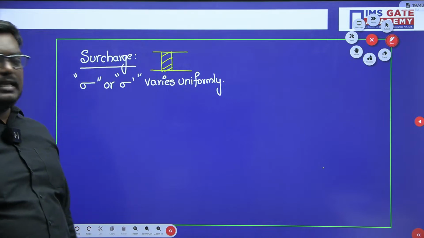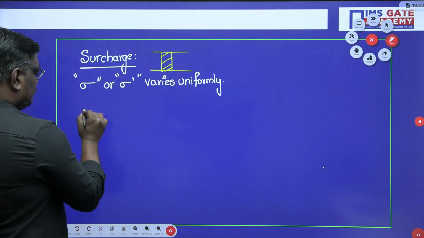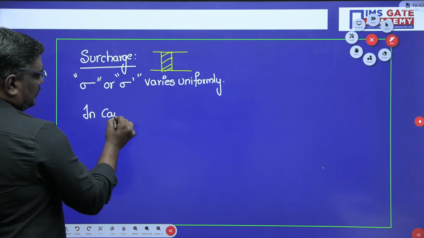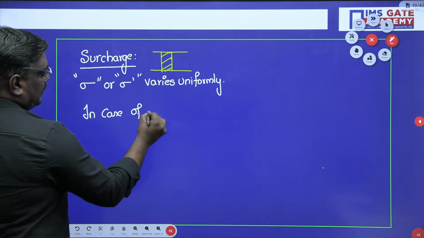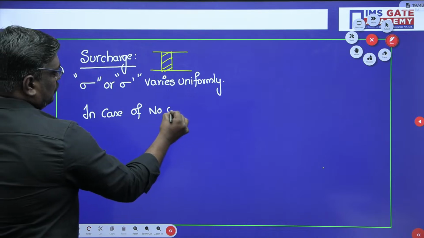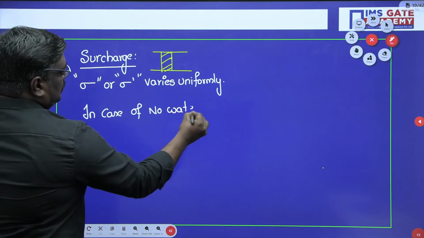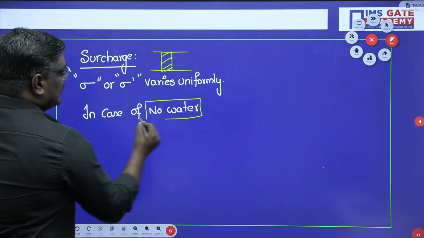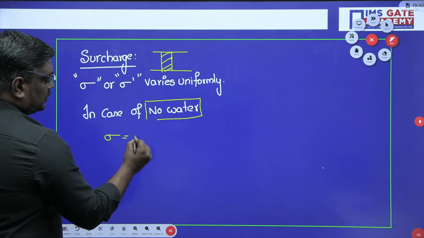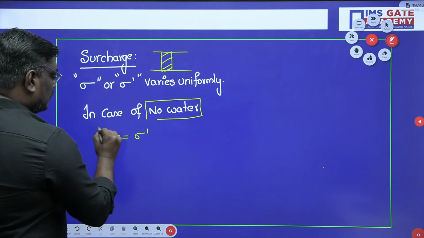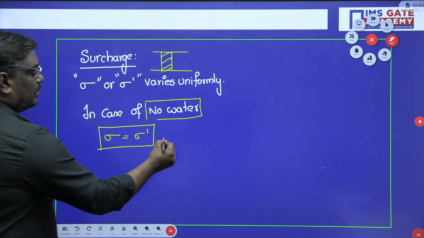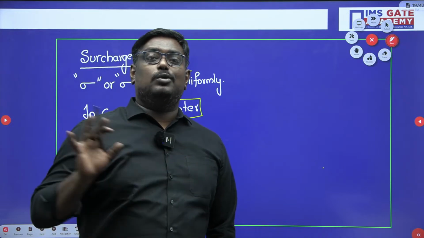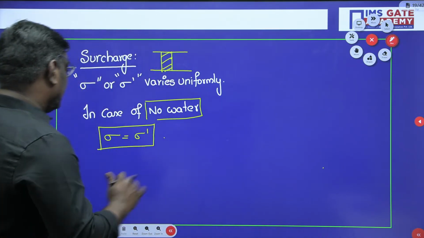Next, in case of no water table, total stress will be equal to effective stress. When there is no water table, there is no difference between total stress and effective stress.